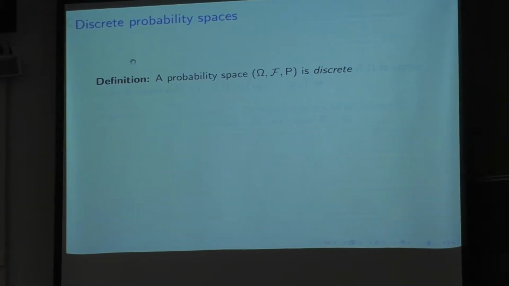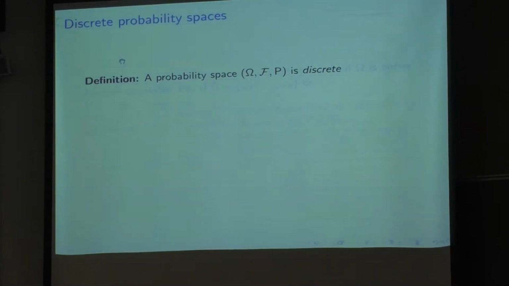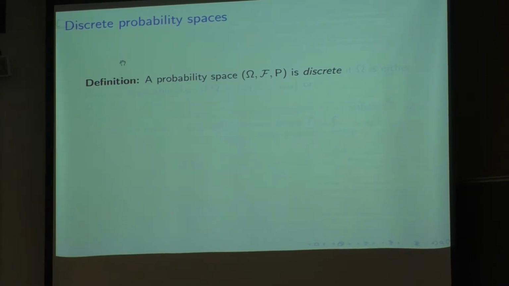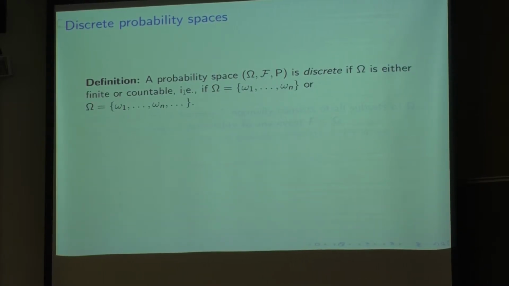What else do we want to say about probability spaces? Well, probability spaces come in two flavors. There are discrete probability spaces, and when I say that, I mean that omega is either finite or countable. So here's an example of a finite omega, a finite set of outcomes of an experiment, for example, or countable. So here's how I'm going to write a countable set.